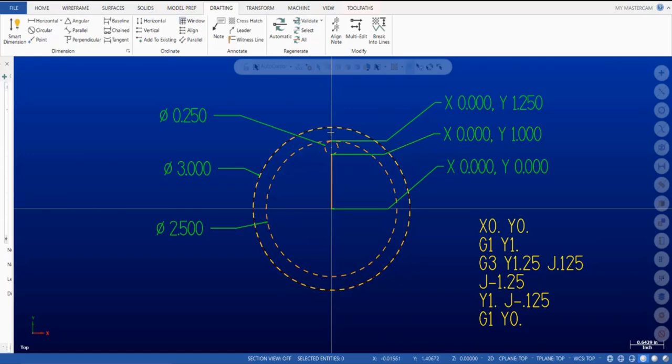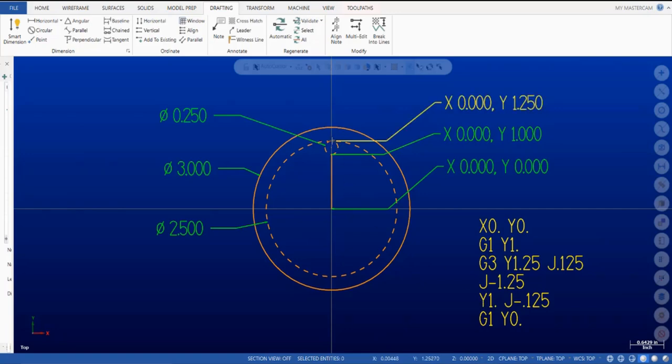We're sitting back at the top of the circle, ready to do a lead out move. And the lead out move is going to go back to that Y1 inch. So because Y was modal on this J minus 1.250, now that it changes, we have to call it what it is. So we're going to do a G3 Y1 inch. Okay.